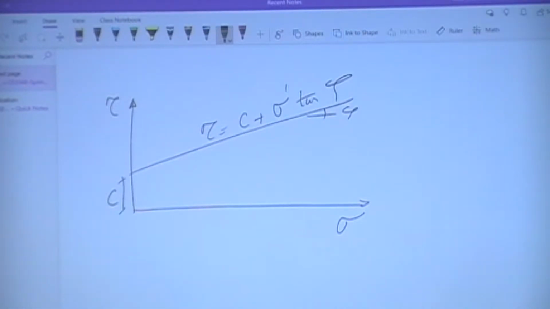A compacted material, right? That was the whole purpose of compacting the material. We want to reduce the void ratio to be able to have better interaction between the particles. Therefore, we have better interparticle contact, better frictional properties. So that's basically how these things are correlated with one another.